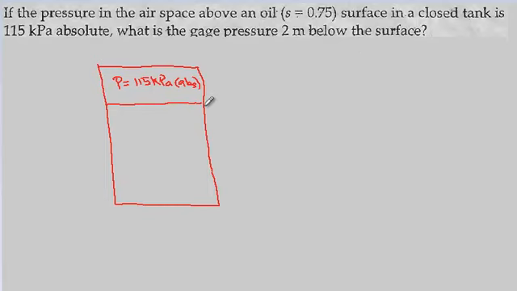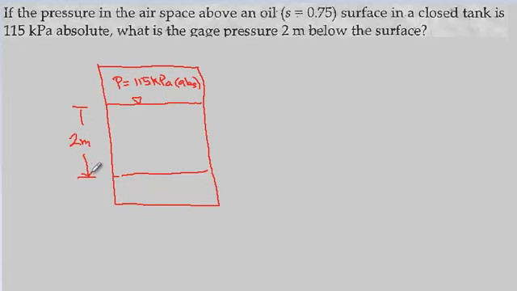So if this is the surface of the oil, then 2 meters below that, somehow it will be here, assuming of course that this distance is, shall we say, 2 meters.